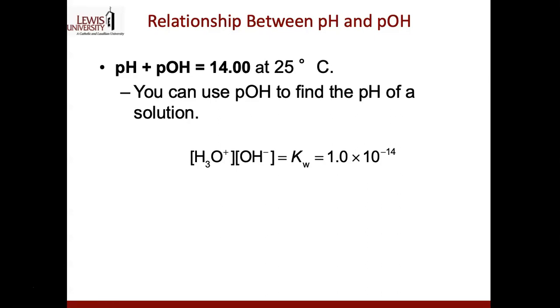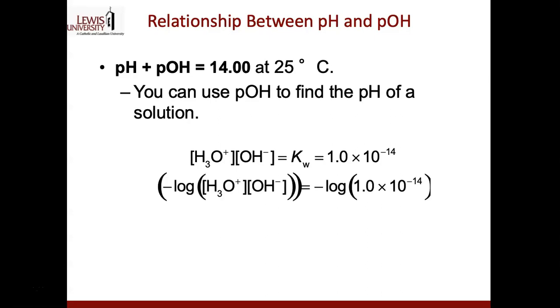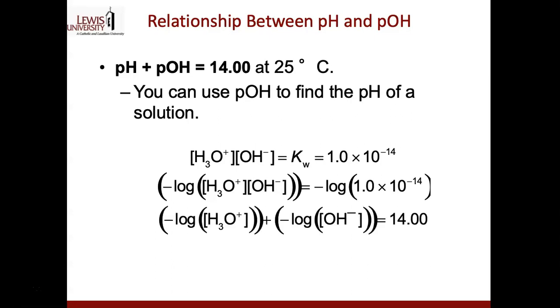So in theory, if you know the concentration of one, you can calculate the concentration of the other pretty easily by taking the Kw and dividing it by the concentration you know. Also, if we distribute a negative log into that, it gives us the negative log of H plus plus the negative log of OH minus, which equals the negative log of Kw, which is 14. That's where we get pH plus pOH equals 14.